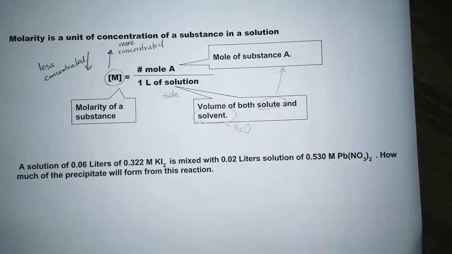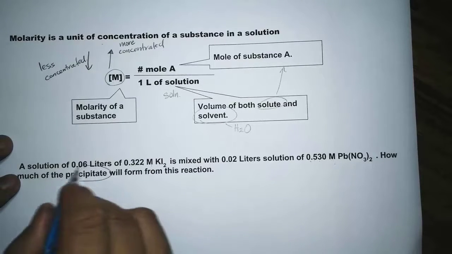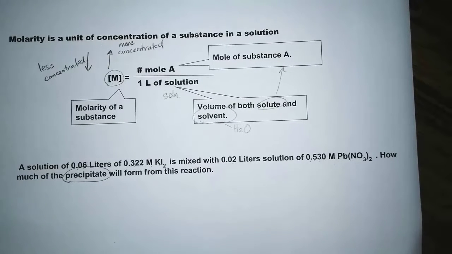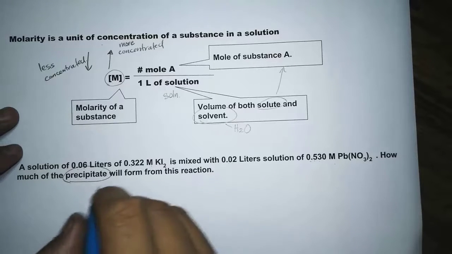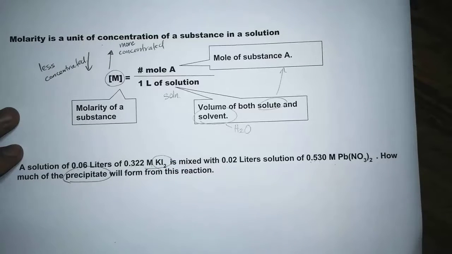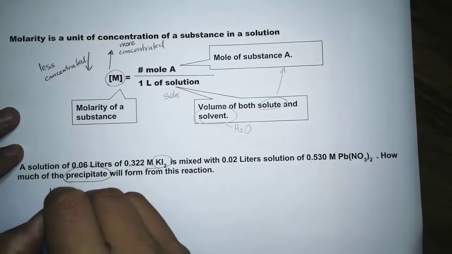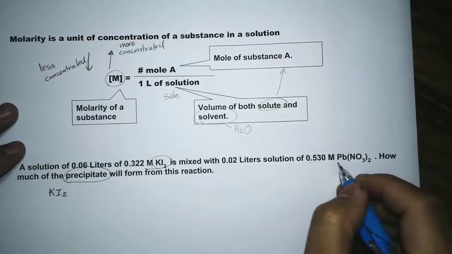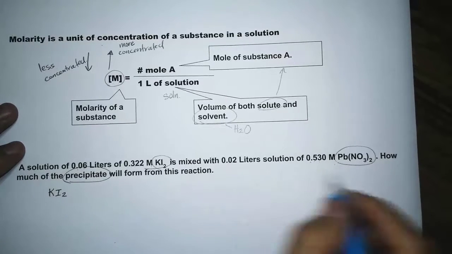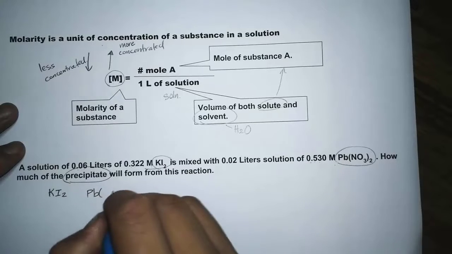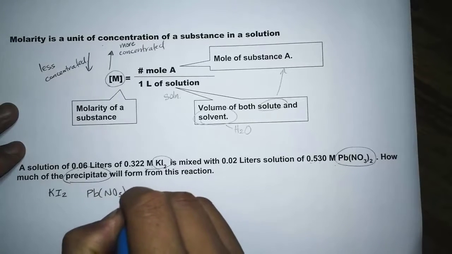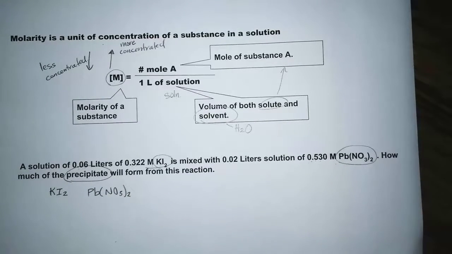Before, when we do stoichiometry, we are given the chemical reaction. In this case, we are looking specifically at a precipitate, so we have to apply a solubility rule. This is the next level. We have potassium iodide, and this is going to react with lead nitrate, Pb(NO3)2.